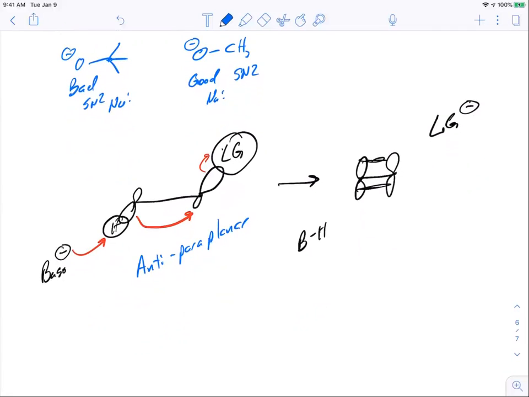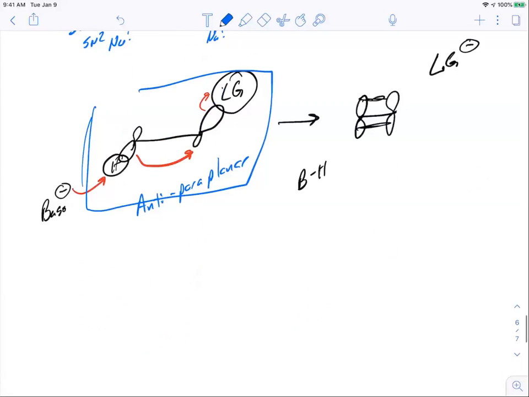For this alignment to occur, it has to be planar, right? They have to be lined up planar. I have to have this hydrogen and my leaving group in the same plane. If they're not in the same plane, then I don't get alignment. The other is that they have to be anti-periplanar.